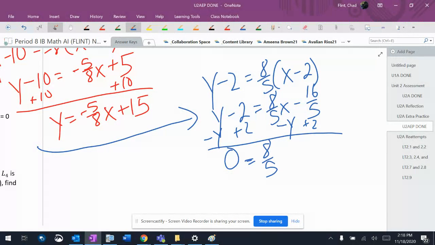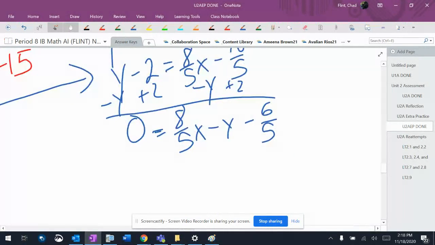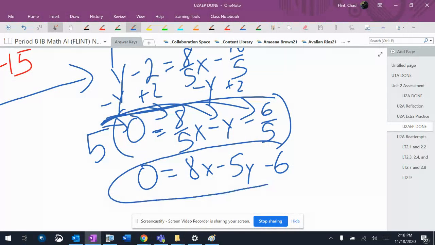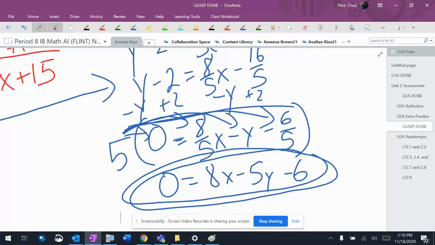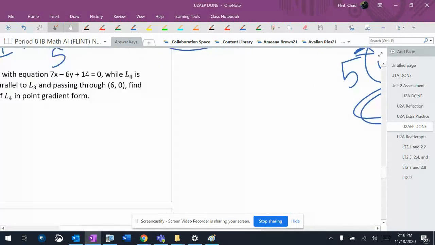So 8/5 x minus y, it's going to be minus 6/5. Okay, and then I don't want any fractions, so I'm going to multiply everything by the biggest denominator. I'm going to get 0 equals 8x minus 5y minus 6. Okay, again, it's the same process as before. You use that y minus y1 formula, and then you just have to get it in the right form.